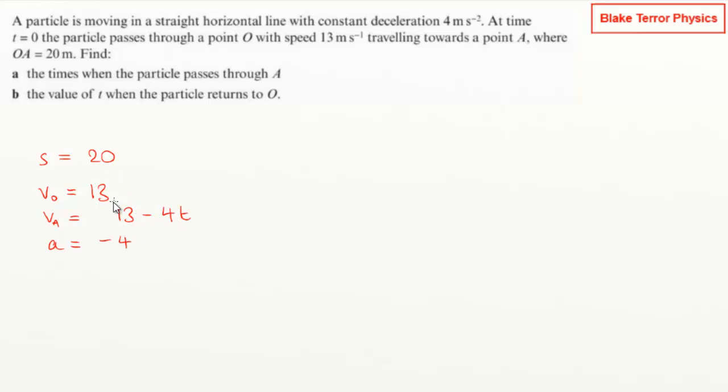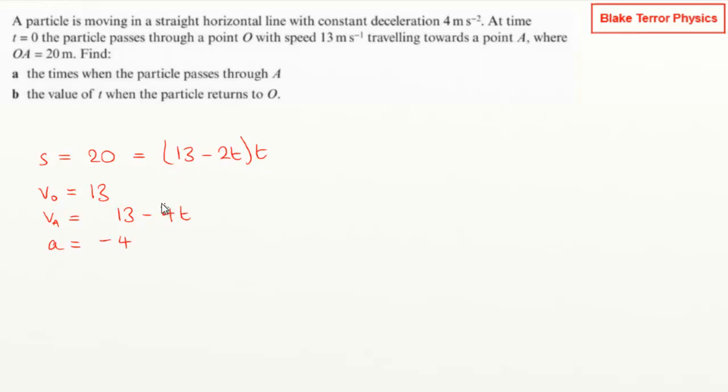And then we're going to say that the displacement, 20, is going to be equal to the average velocity multiplied by the time. So that's going to be 13 minus 2t, all multiplied by time.